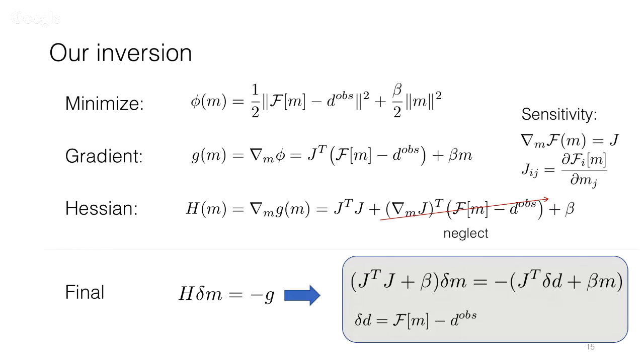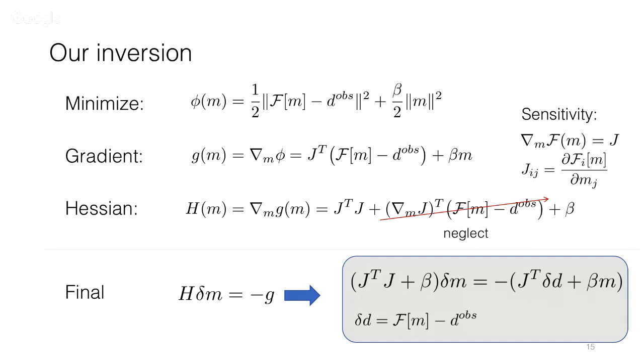So what about the next derivative, the Hessian? Well, we've got to apply the gradient again. So the Hessian is the grad of the gradient. Now that actually carries through, it's got a couple of terms. One is J transpose J, but the other is how much that sensitivity is changing as a function of the model.